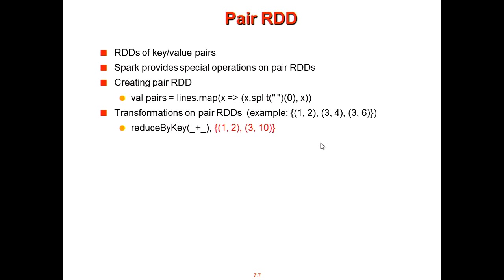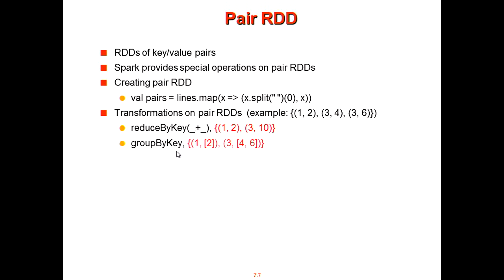For example, it will group all the key-value pairs that have the same key, and then based on the function given, here a sum function, it will sum all the values for the same key. As a result, 4 and 6 will be summed together, and you have 2 pairs in the result of reduceByKey. It does a kind of aggregation based on the keys for the values.